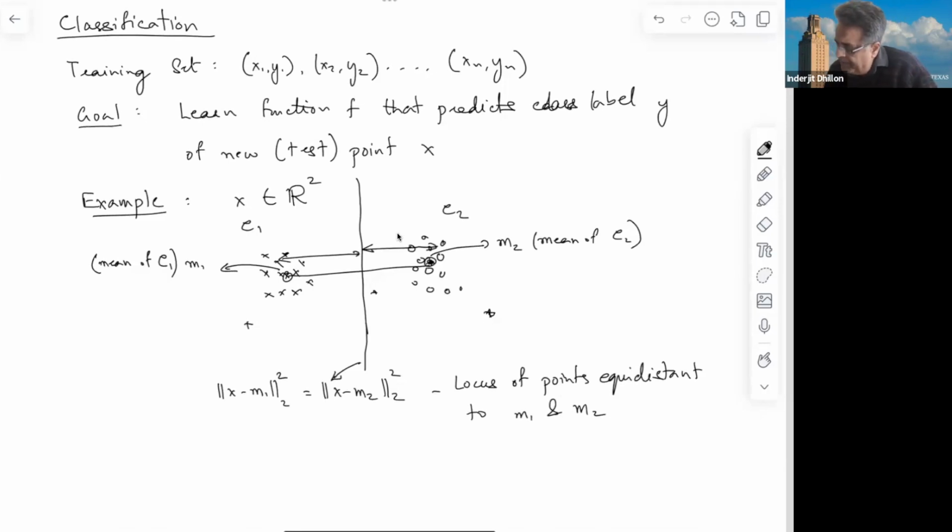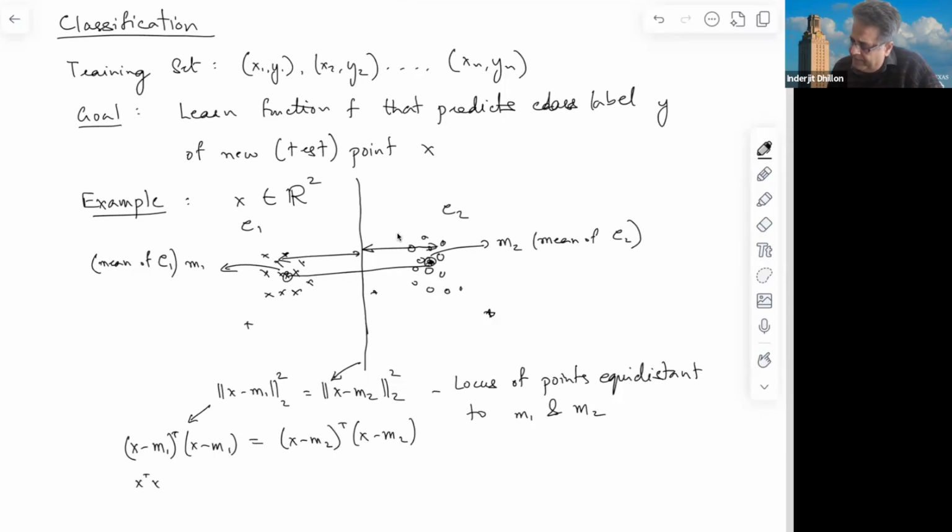Okay, and if I then expand it out, I can write this as x minus M1 transpose x minus M1 equals x minus M2 transpose x minus M2. Okay, again, let me expand it out. I'll get x transpose x minus 2x transpose M1 plus M1 transpose M1. And then the right-hand side is very similar, except I have M2 instead of M1.